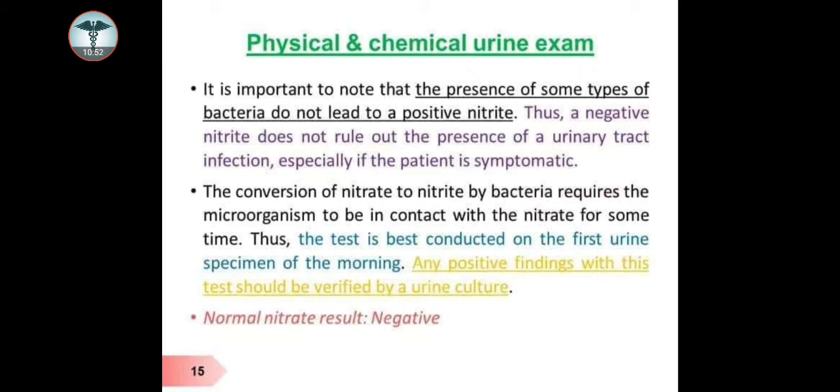The test is best conducted on the first urine specimen of the morning. Any positive finding with this test should be verified by urine culture. The normal nitrite result is negative, i.e., normally nitrite is not present in the urine.